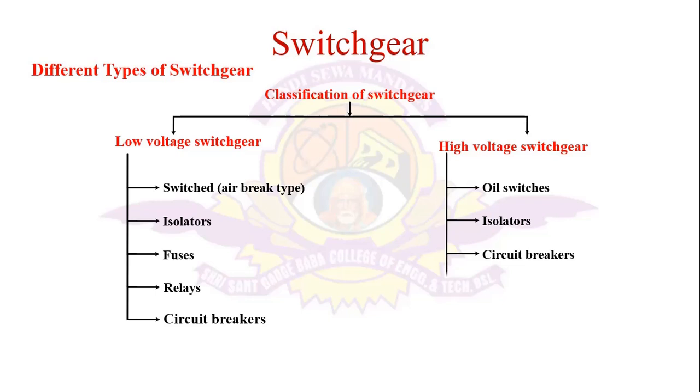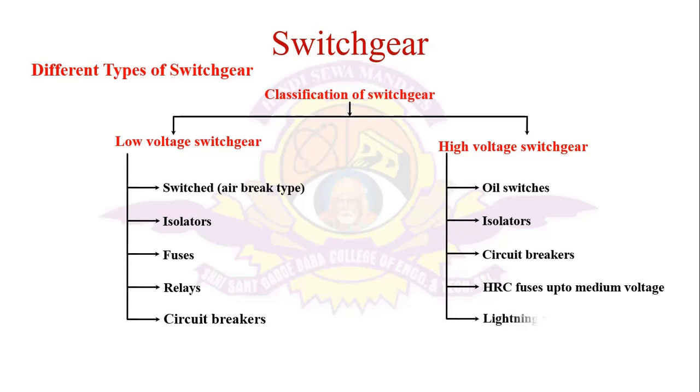Next is the HRC fuse with medium voltage. HRC is the long form of high rupturing capacity fuses. These fuses are single use fuses but having high rupturing capacity as well as high current carrying capacity.